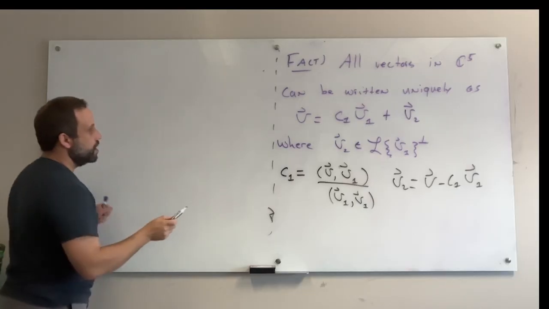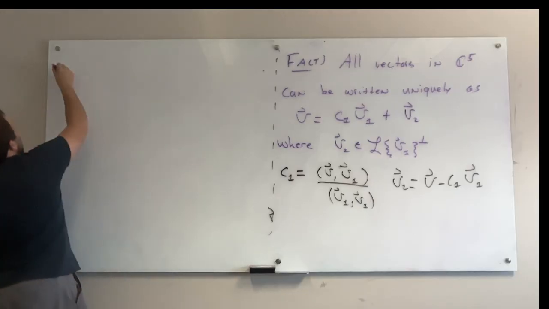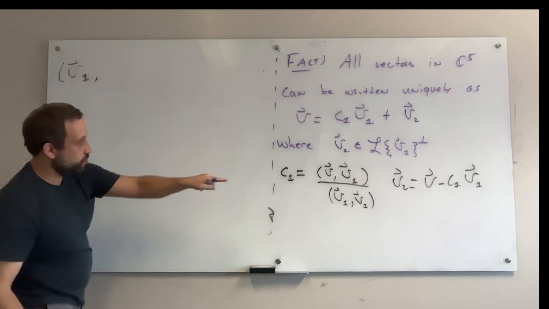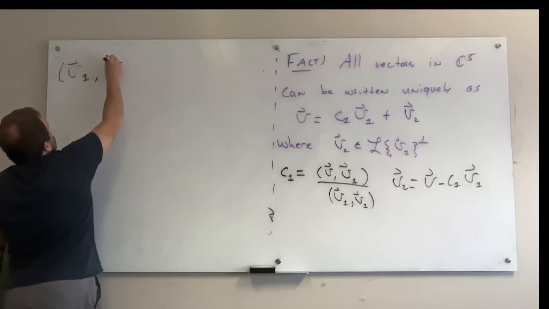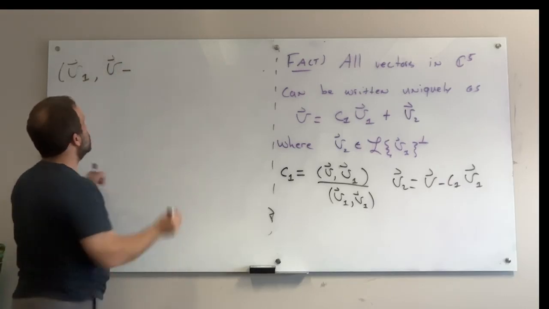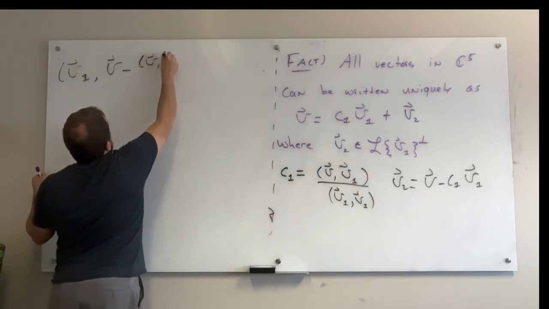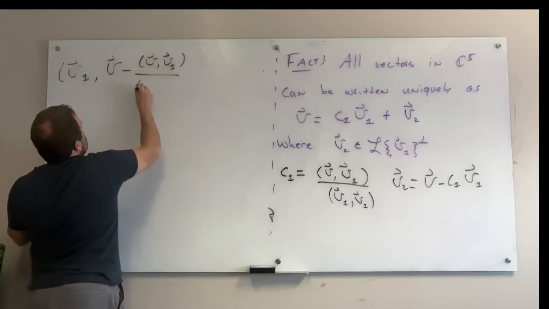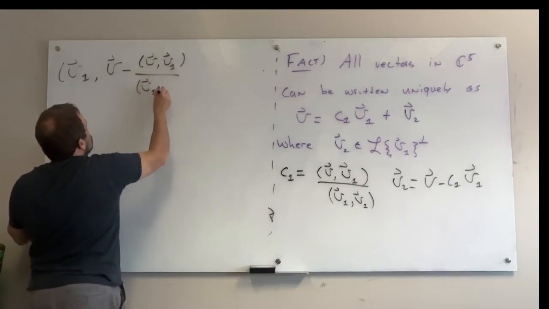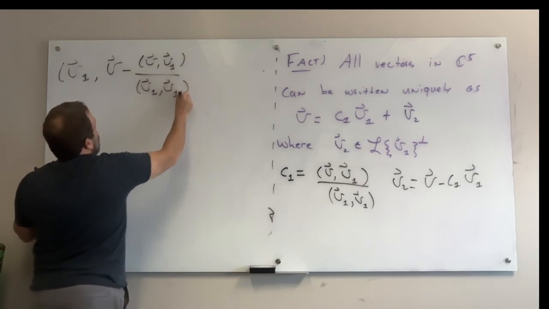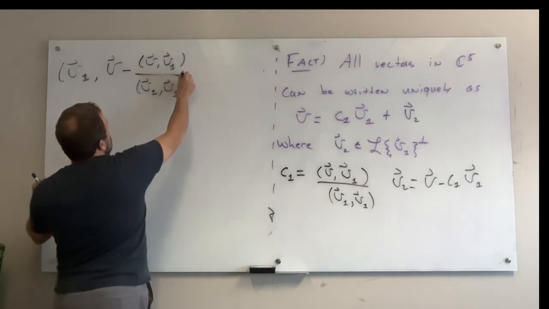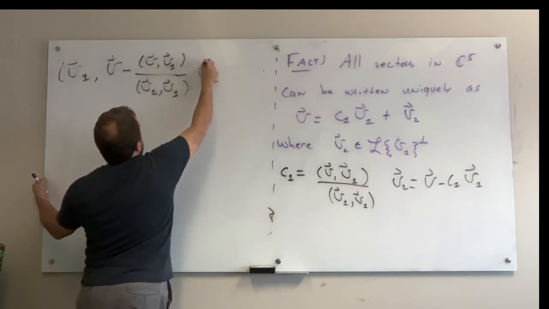Okay, and indeed, we can do that. So if we do the inner product of V1 and V2 defined that way, so V minus C1 V1, where C1 is the inner product of V and V1 divided by the inner product of V1 and V1.